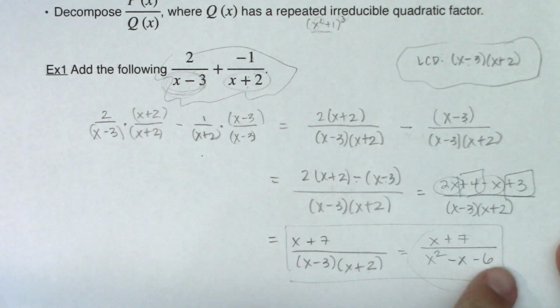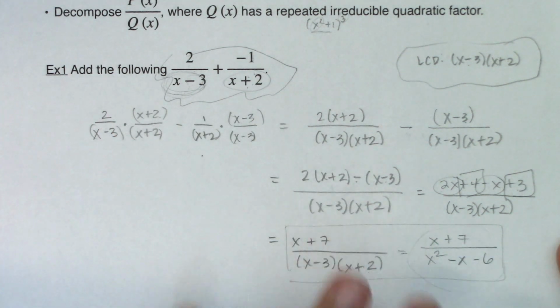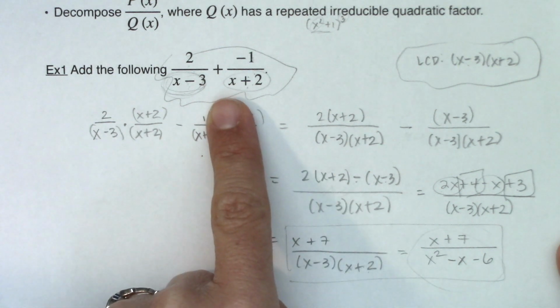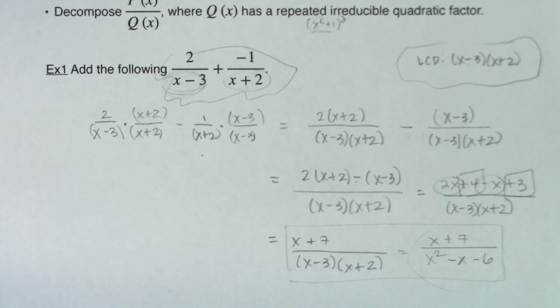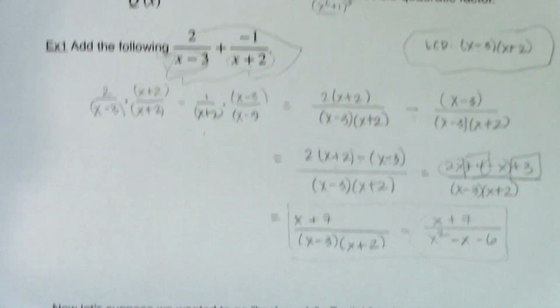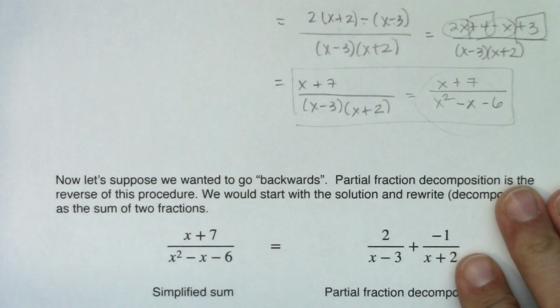That's typically where you start in an algebra class. What partial fractions does is it says, what if I give you this expression? What if I started you with x plus 7 over x squared minus x minus 6? Could you get backwards to these 2 separate fractions, like I parted out the fractions? I want to break those fractions apart, and that process is called partial fraction decomposition.